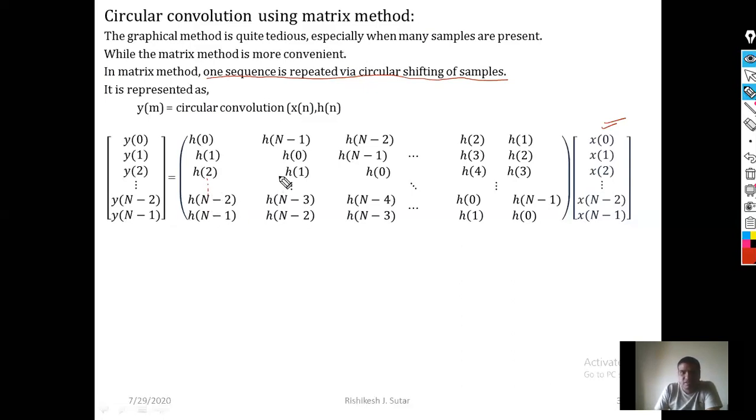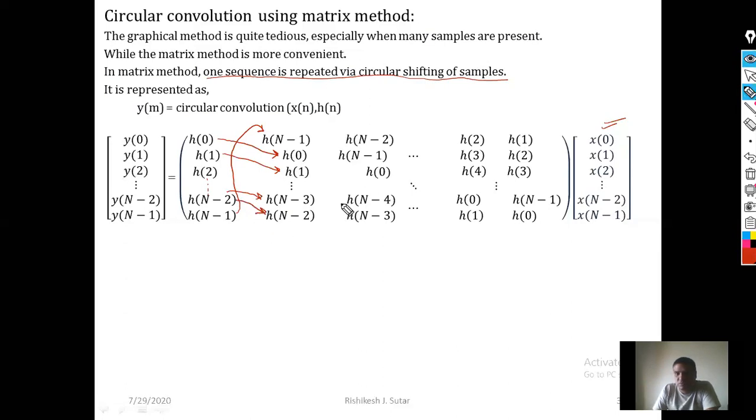So I have to do the circular shifting. What I'm going to do is bring this last sample here at the first position. Then this h of 0 will come in the second row, this h of 1 will come in the third row, h of 2 will come here, h of n minus 3 will come here, and h of n minus 2 will come here.